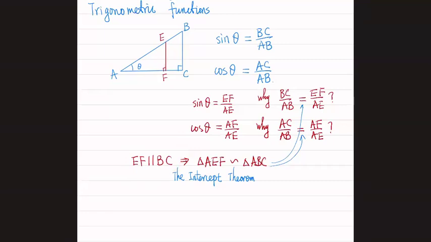Amy, because they have a 90 degrees angle. Okay. So these two angles, they are the corresponding angles for these two lines. The two angles are the same.